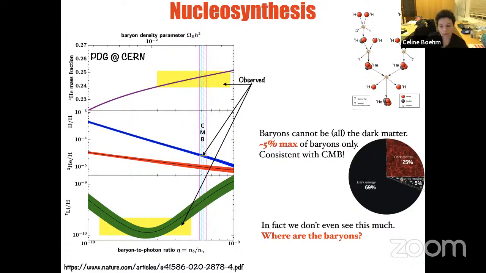The reason why I spoke about it, and why I'm not so much of an expert on it, is that for me, it was always like, okay, there is a prediction from nucleosynthesis, which is that you have about 5% of baryons in the universe. And that's always kind of been consistent with other measurements, in particular the CMB.